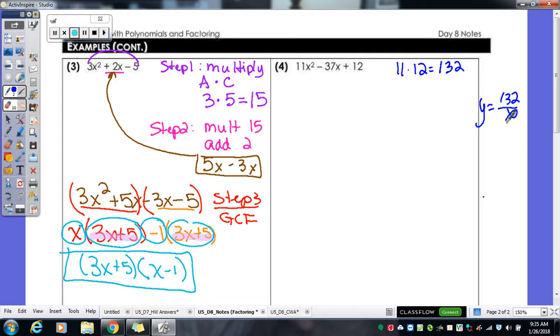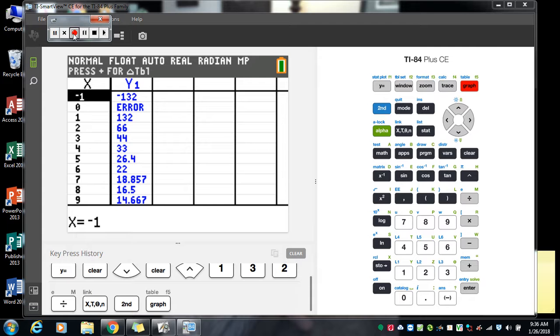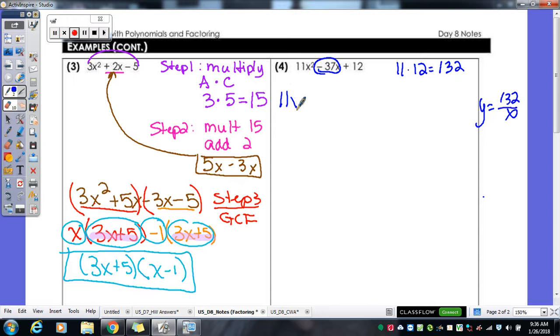We just have to find the 2 factors that will add to give us a 37. There it is, 4 and 33. That would give us a 37. So those are the 2 numbers we're going to use. So 11x squared minus 4x minus 33x plus 12.